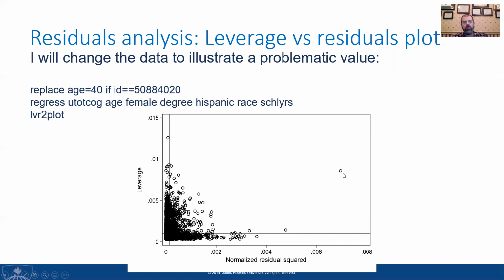This point alone has the potential to change or bias the beta coefficient, at least for age, in the association with total cognition, and it has the potential also to mess up other beta coefficients in the model.